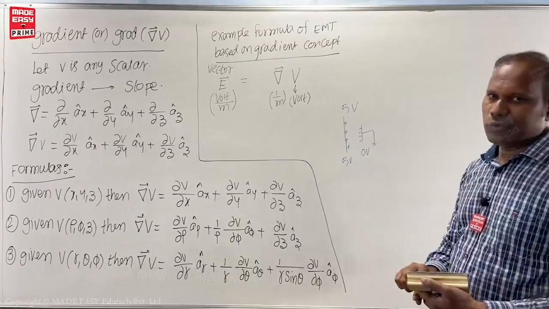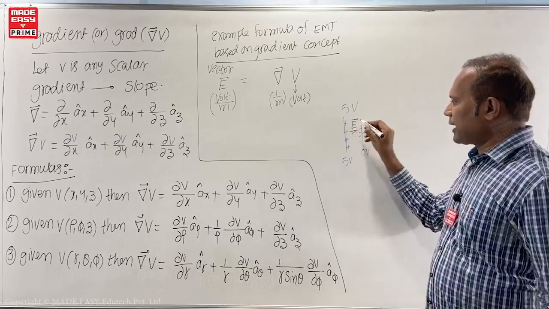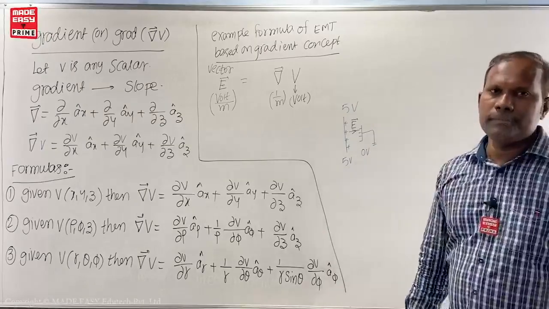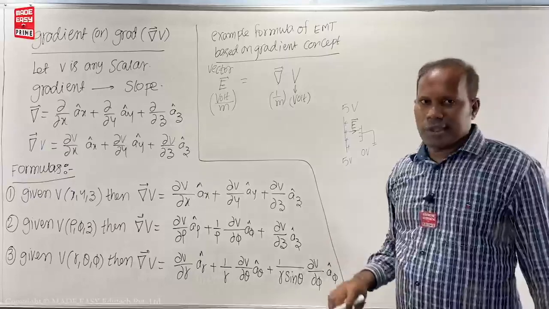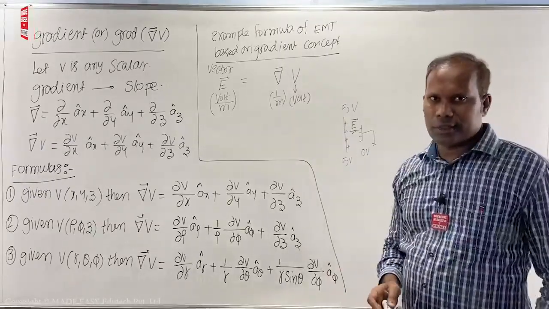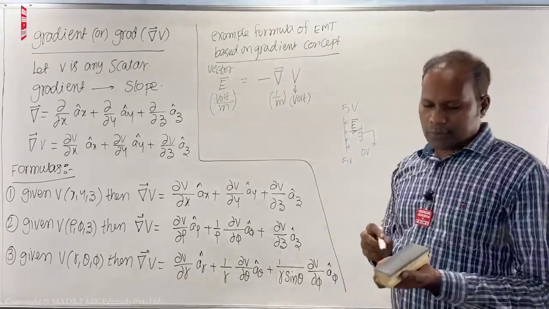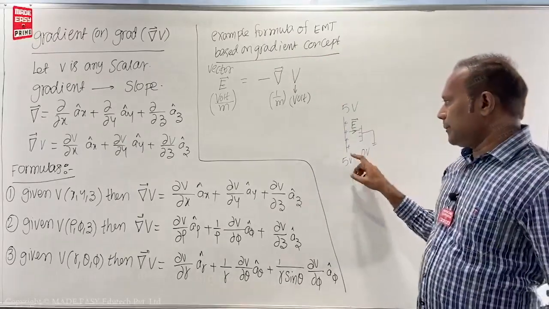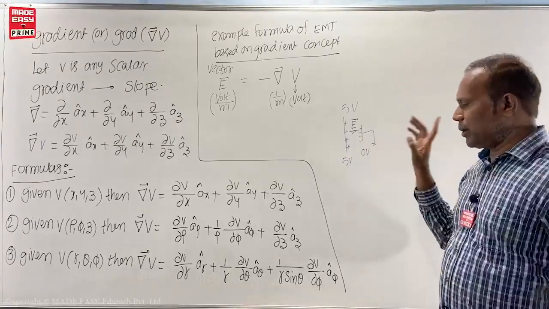Now experimentally it is found that the electric field direction is from plus to minus, from higher potential to lower potential. But this formula gives the electric field direction from lower potential to higher potential. So how do you correct that? You have to put a minus sign here. After putting the minus sign, it gives the correct direction to the electric field, from higher potential to lower potential.